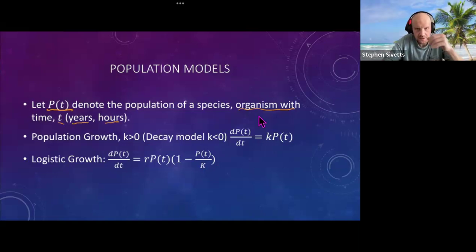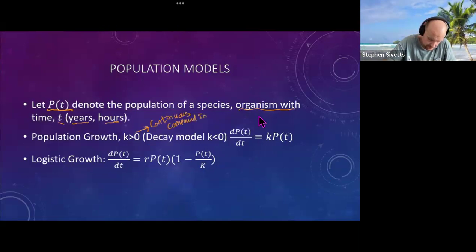So there's going to be two types. We will deal with population growth. You may have seen this in the past with, let's say, continuous compound interest, or looking at growth of bacteria, and that indicates population growth.